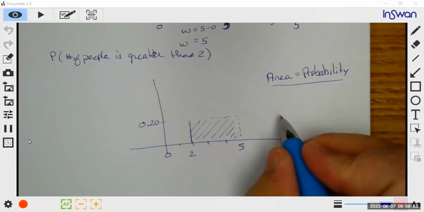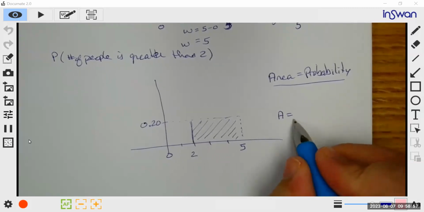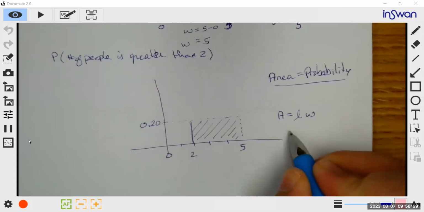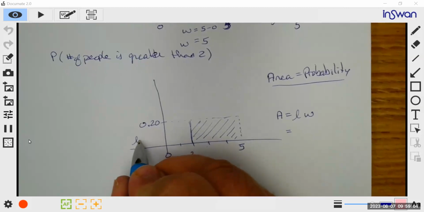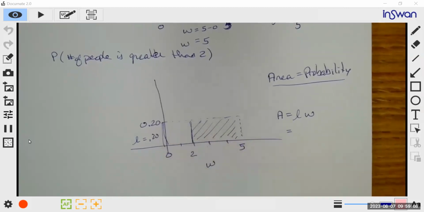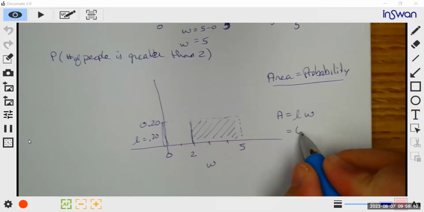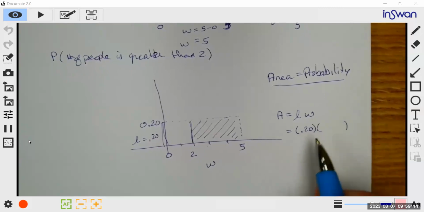So we're looking for the area. What's the area under this curve? It's length times width. Here's width. Here's length. Well, the length itself is always going to be 0.20. In our case, what's our width?